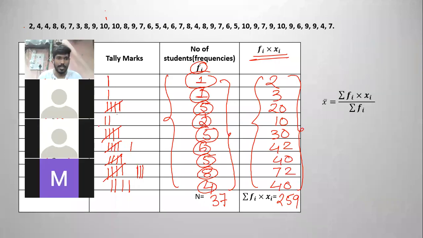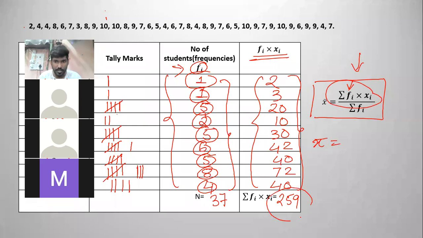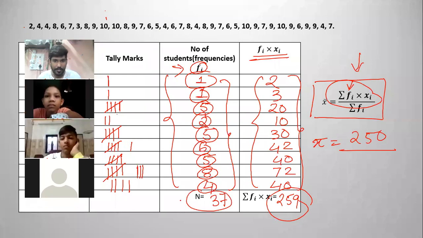Now the formula. This is the formula to find the mean. This is the same formula that I wrote before. Only thing is here we have frequency, so you will have frequencies f in the formula. Now we have found the value. This total is 259, and summation fi is your n.